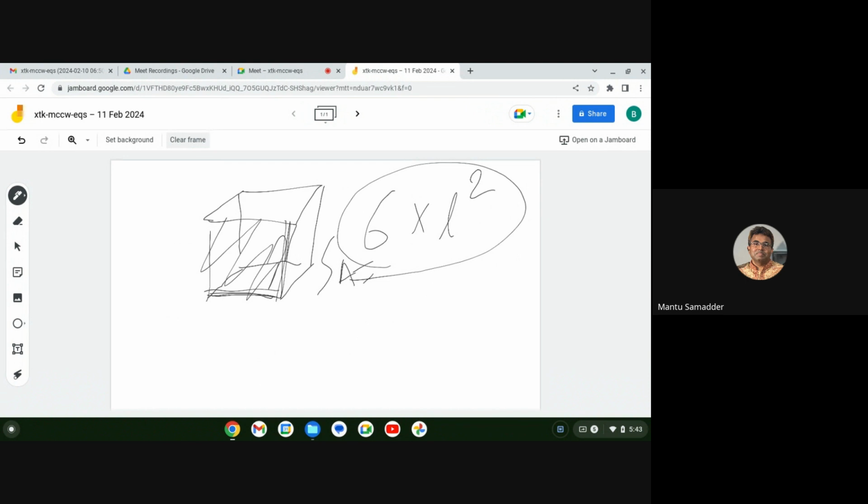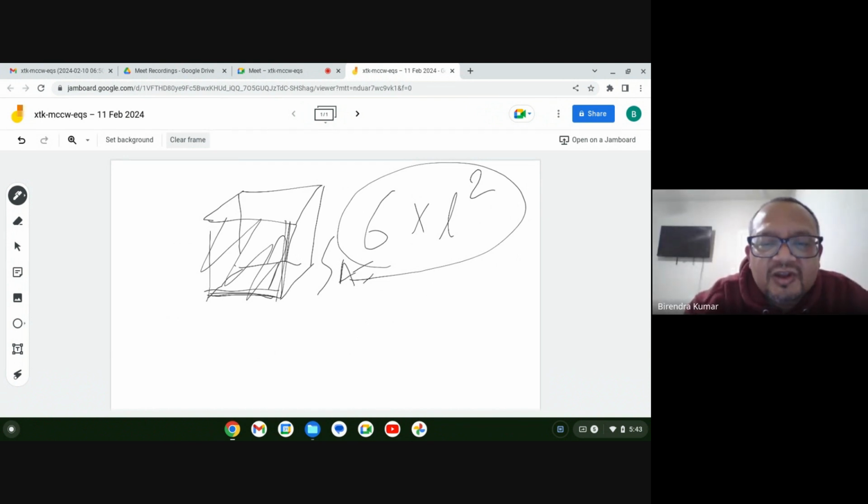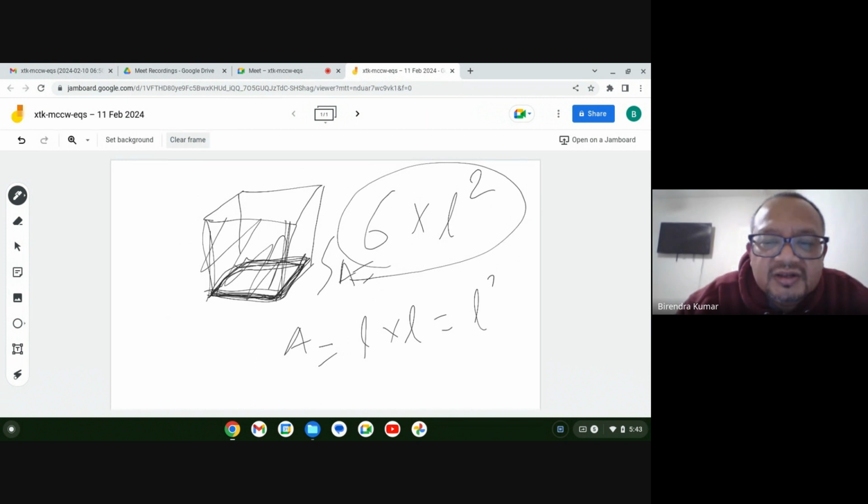Now, what is the volume of this guy? Volume is always the area of the base multiplied by height. So what is the area of my base? This is a square. Area of a base is length into width. Here length and width are both the same because it's a cube, so I'll say length into length, length square.